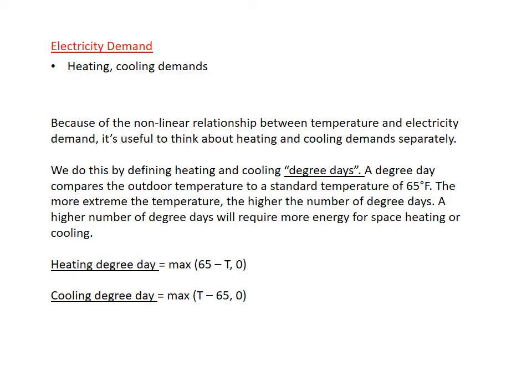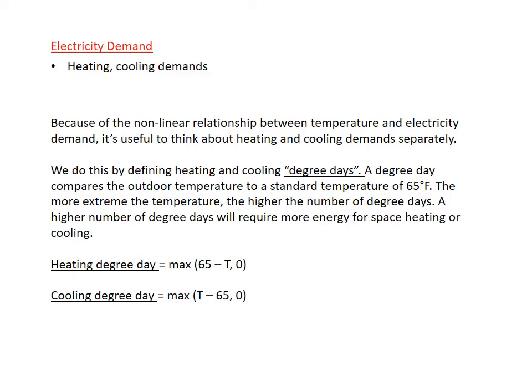So here you create a heating degree day as long as T is lower than 65. For example, if T was 60, you'd say 65 minus 60 is 5, so the max of 5 and 0 is 5. If it's 60 degrees on average tomorrow, then tomorrow we would say there are 5 heating degree days associated with it. That indicates some, but not very much, demand for heating. Some people might turn on their heater if it's 60 degrees, but a lot of people would just grin and bear it.